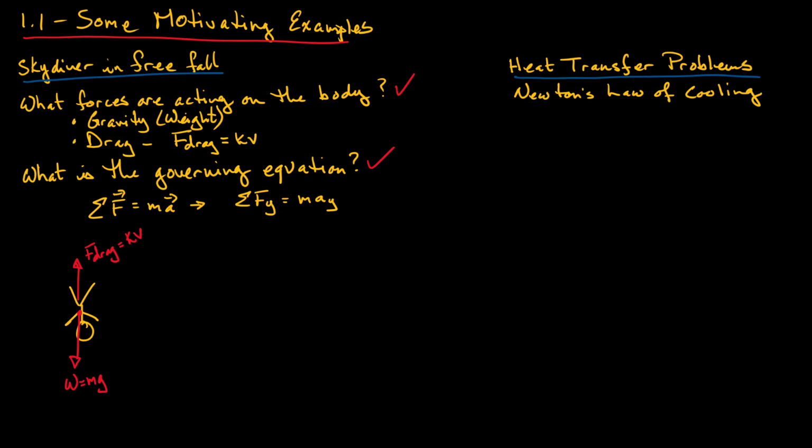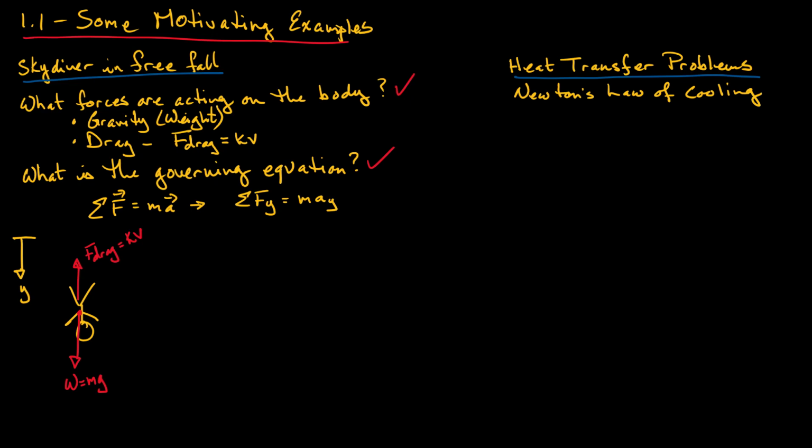So, before we continue, what we need to do is set up a coordinate system for our Newton's second law. Now, the chosen coordinate system is fairly arbitrary, but what we can do here is say that y is positive downwards.